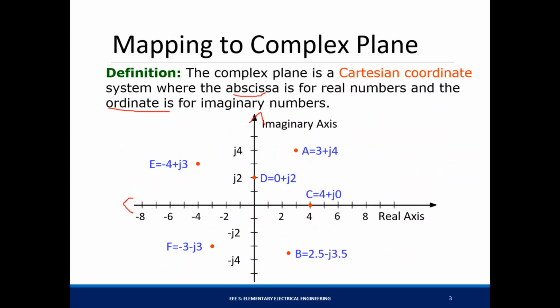A being 3 plus j4 means 3, so 1, 2, 3 on the x-axis plus j4, 1, 2, 3, 4 on the y-axis. So the others would follow. Okay? So it's easy. So these are your rectangular forms of complex numbers.